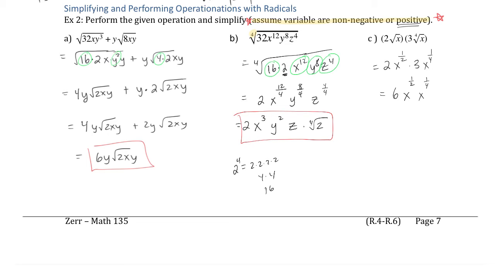We get to add those exponents, 1/2 plus 1/4, right? Because if you had x squared times x cubed, for example, that would be x to the 5th. You just add exponents when you've got x to a power times x to a power. So we're going to add exponents, and we will get a grand total of 6x to the 3/4.